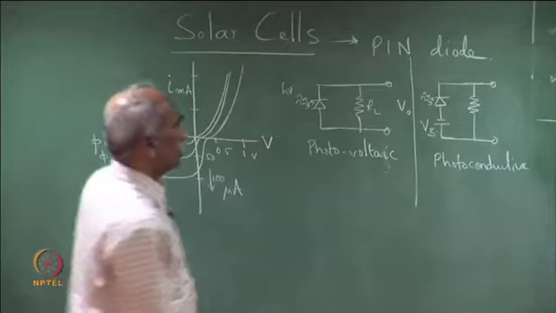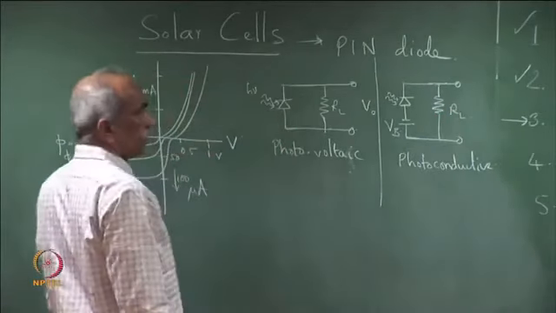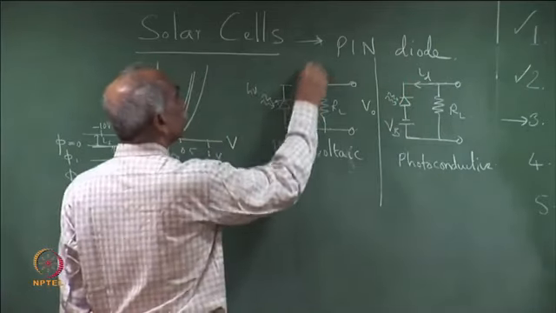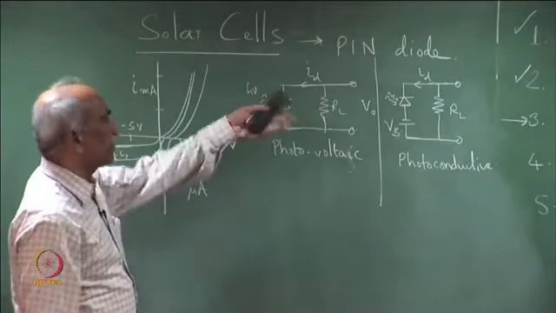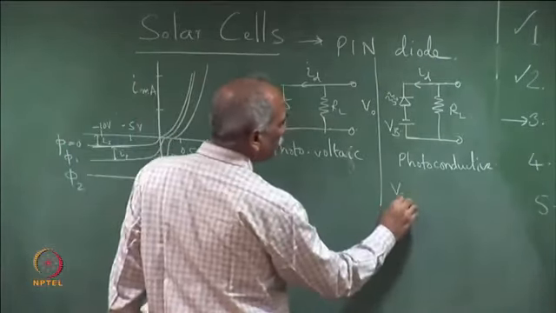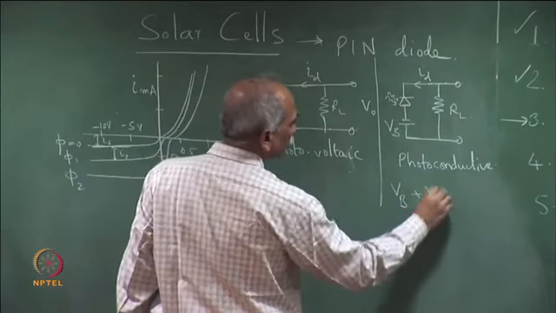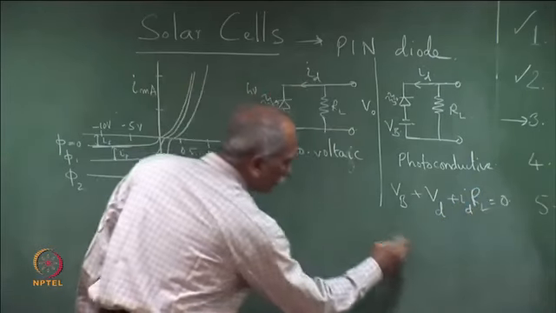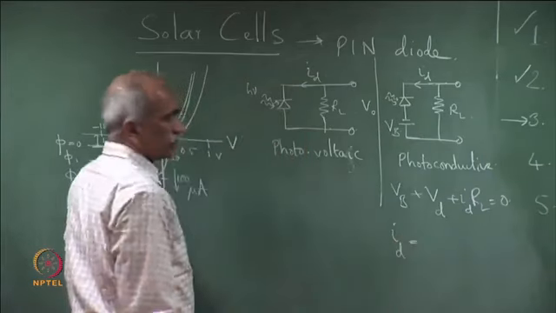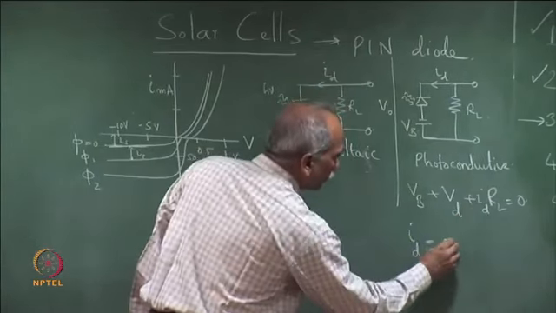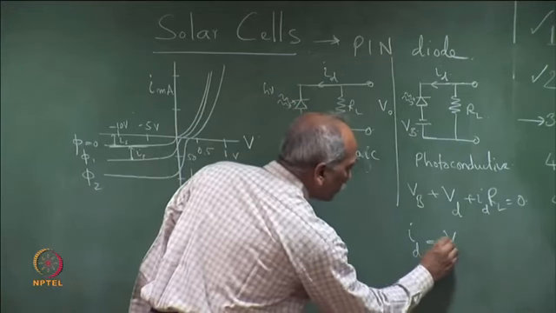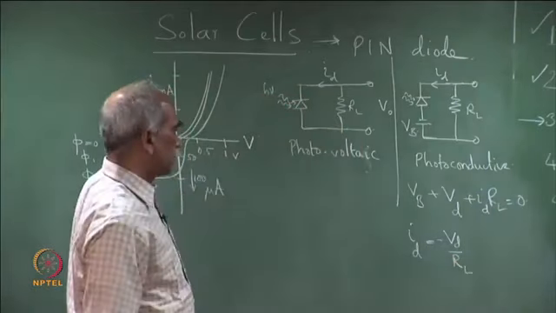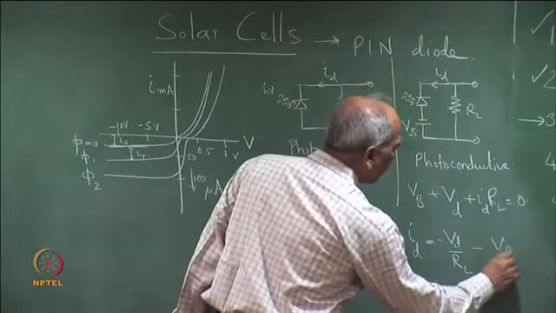If this is R_L, and the reverse current through it is I_D, then we write V_B plus the voltage across the diode V_D plus I_D times R_L equal to 0, or the equation of the load line: I_D equals minus V_D by R_L minus V_B by R_L.